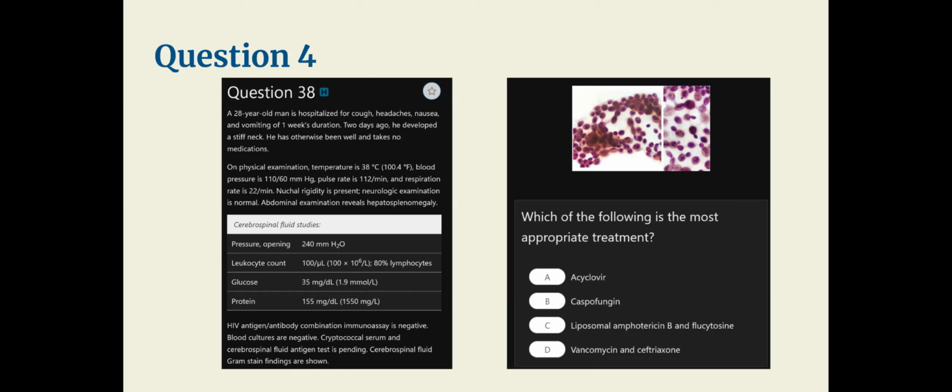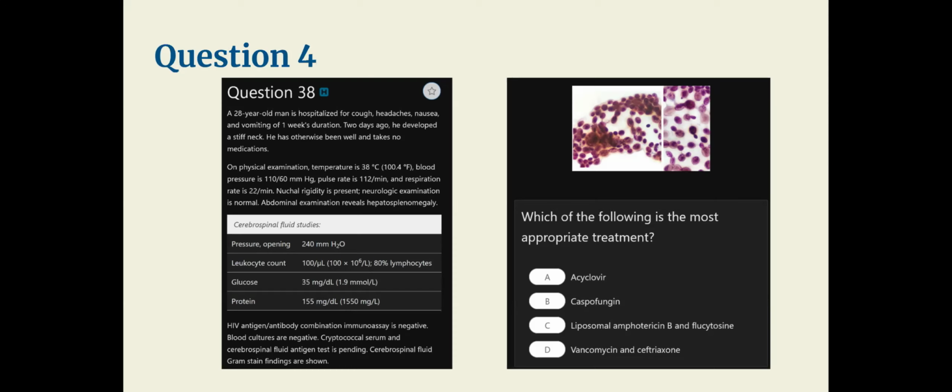On his cerebrospinal fluid, the opening pressure was 240. Leukocyte count was 100 with 80% lymphocytes. Glucose was 35 and protein was 155. HIV antibody antigen combination immunoassay is negative. Blood cultures are negative, and cryptococcal serum and cerebrospinal fluid testing is still pending.